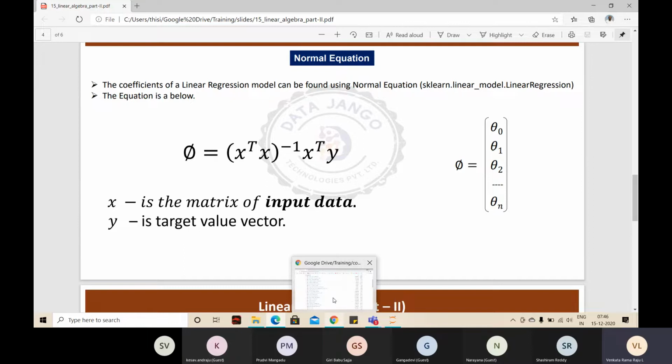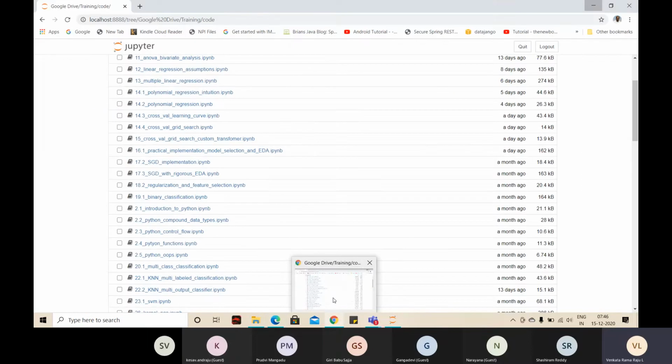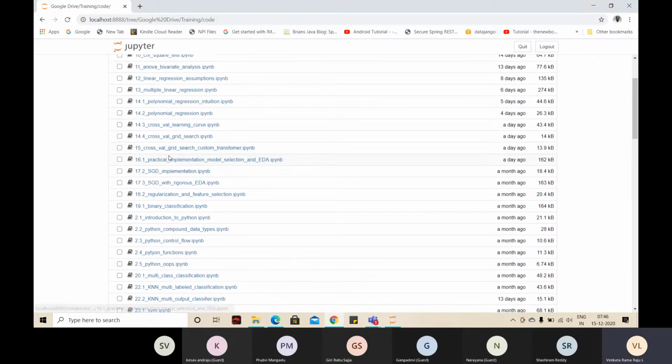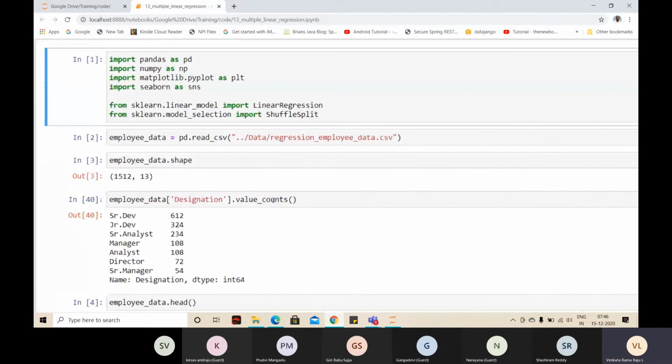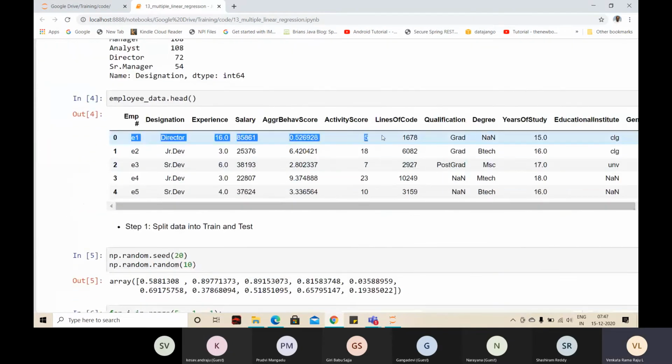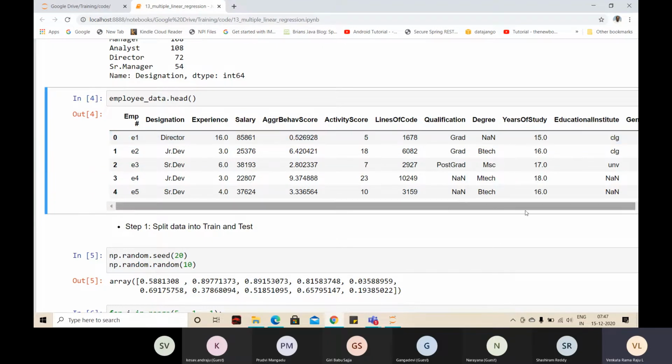Let me show you that. If you take this data, for this first record it will take some variable multiplying this value, plus, anyway we'll convert it into numbers, some variable multiplying this value, variable multiplying this value, plus plus plus and so on, is equal to salary.